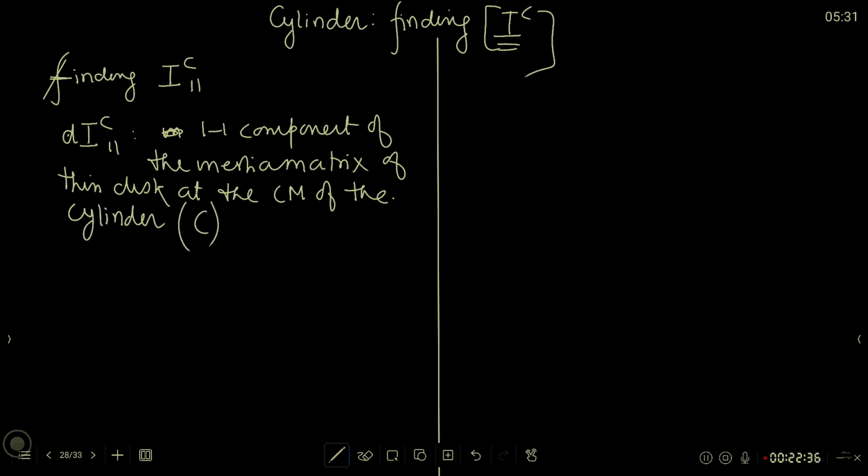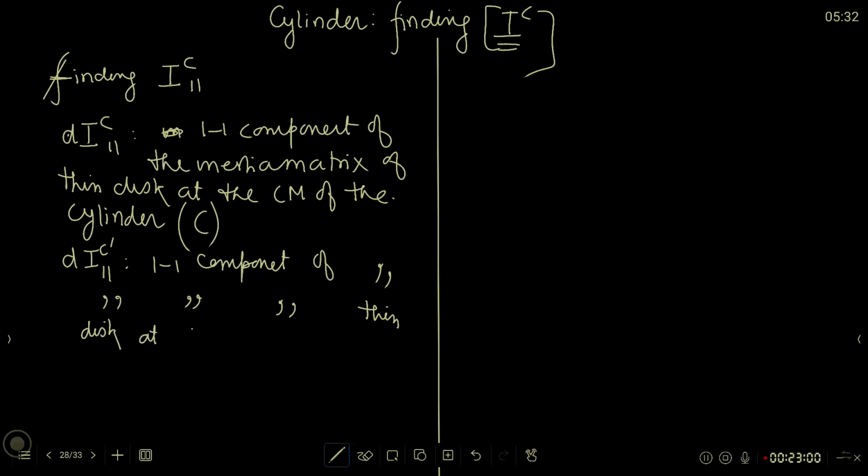That point is C. Whereas dIC'11 is the 1,1 component of the inertia matrix of the thin disk at C prime.